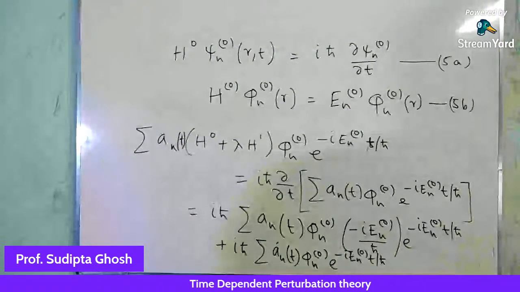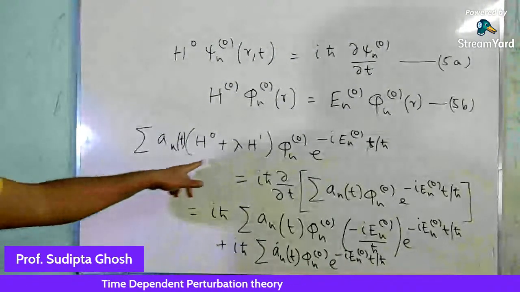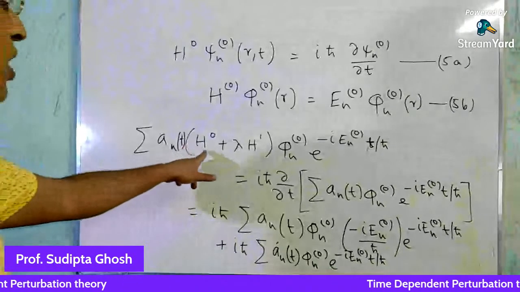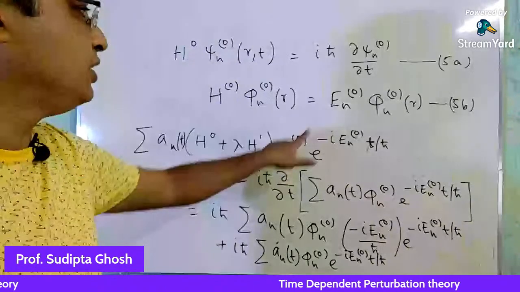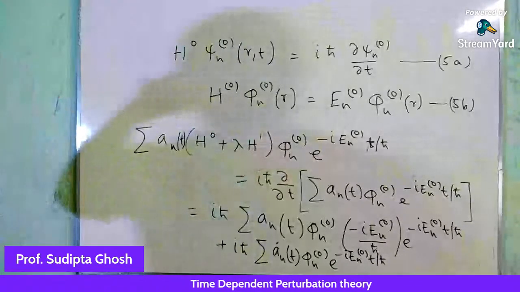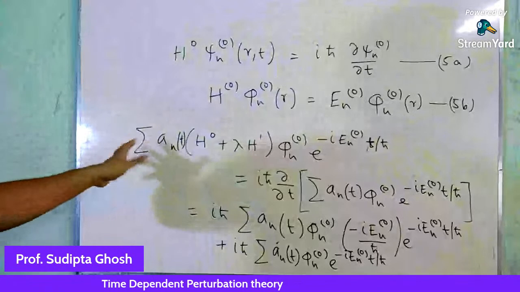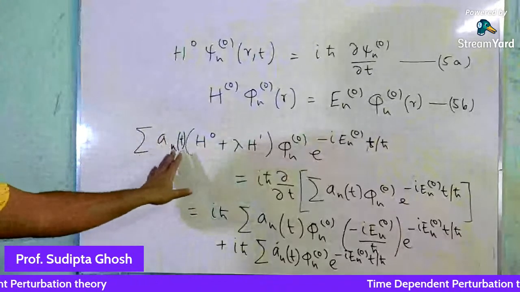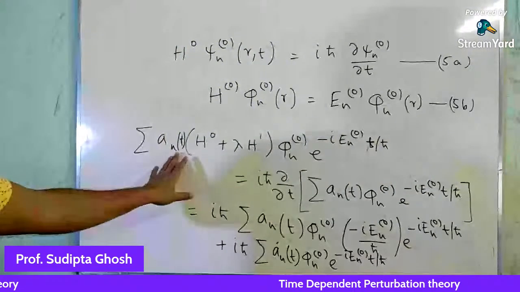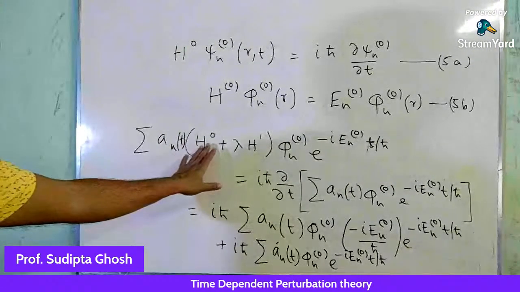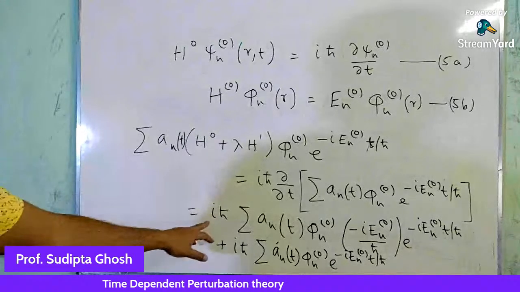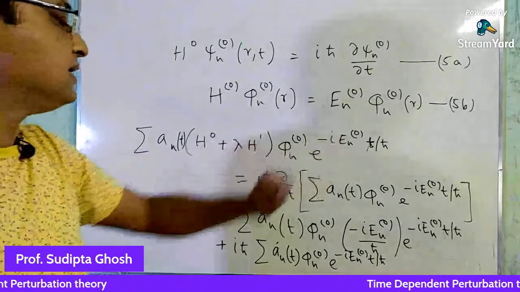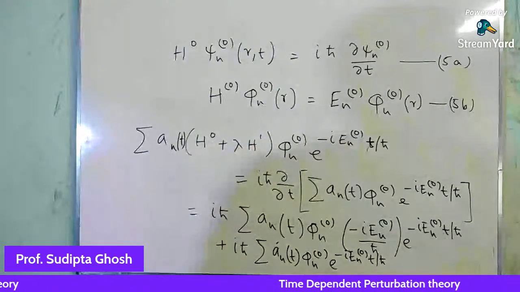Now you can see that from the left hand side, if we substitute the value of H0 phi n0 from equation 5b, the left hand side of this equation can be written as summation a n t En0 phi n0 e to the power minus i En0 t by h cut.